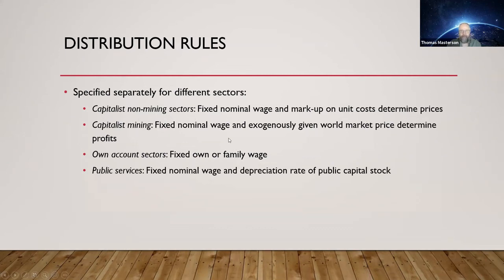And the nominal wage is fixed in the capitalist mining sector. It's fixed everywhere. In the own account sector, we have a fixed own or family wage that we impute, and the nominal wage is fixed in the public services as well.